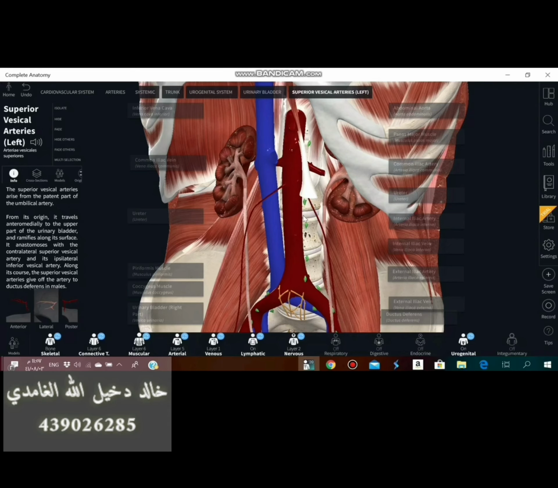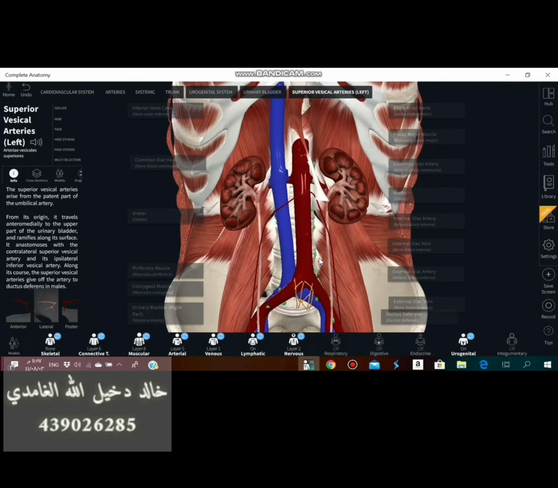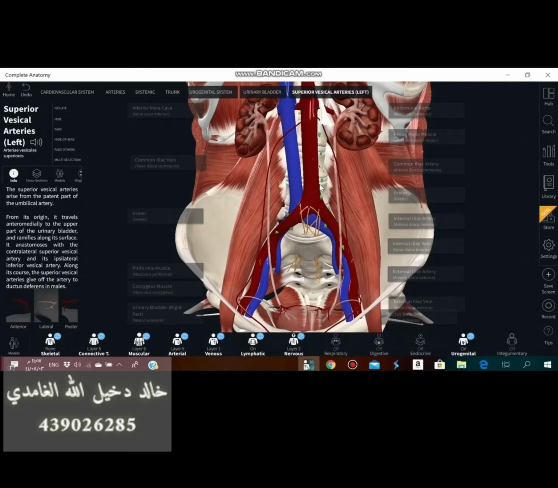Lymph also drains to the iliac nodes. Here we have the iliac nodes. So lymph drains to the lateral aortic nodes and iliac nodes.